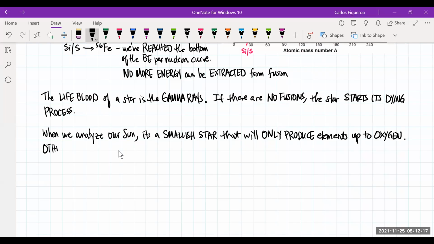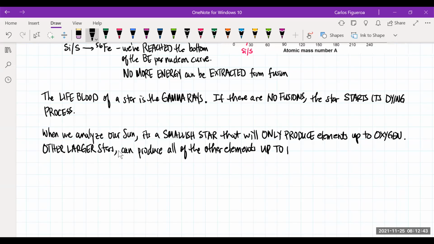Other larger stars can produce all of the other elements up to iron. So iron is the last element that can be produced in stars.